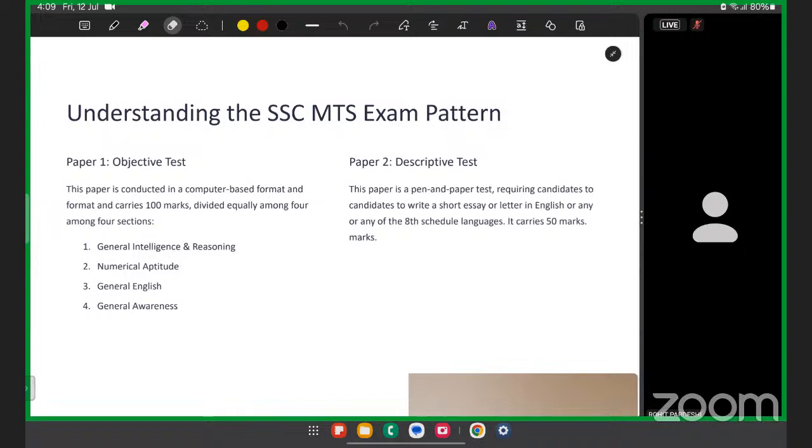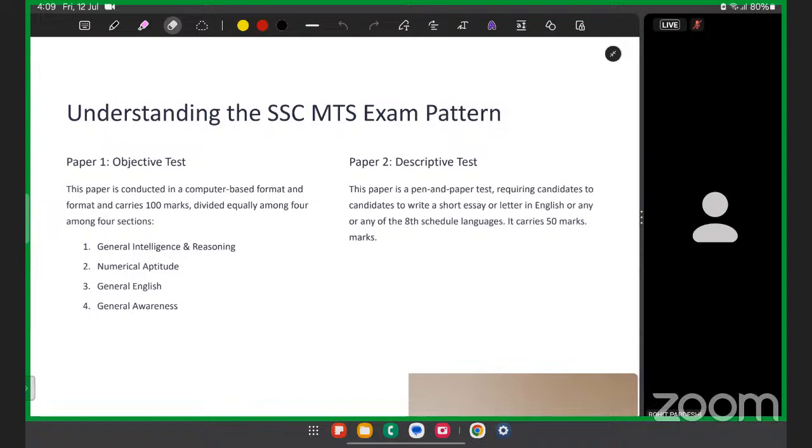Yesterday in CGL we talked about general intelligence, reasoning, numerical aptitude, general English, general awareness, and other subjects. Here also it is the same: all subjects are there, the number of questions is the same, the syllabus is the same, but the level is on the lower side as compared to CGL.